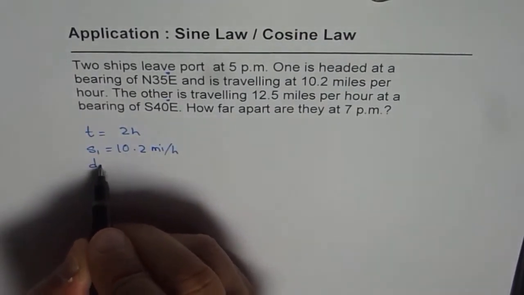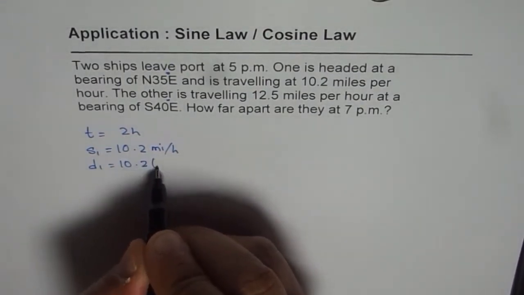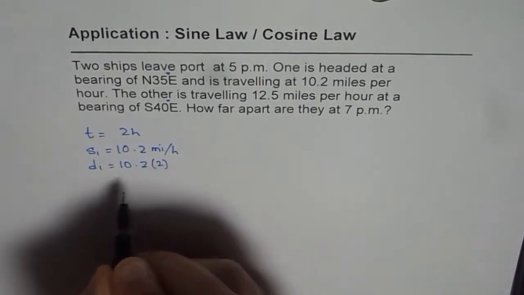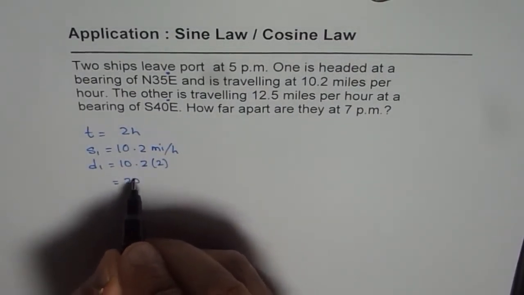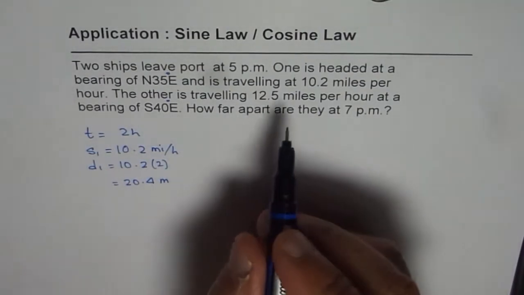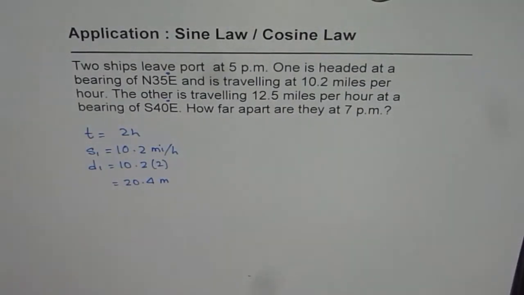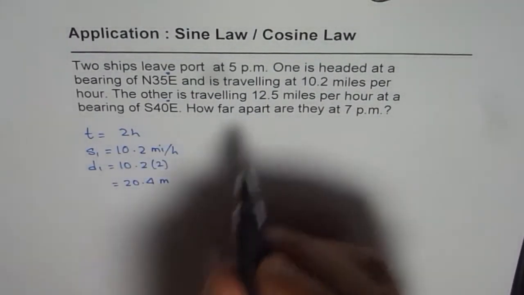So the distance traveled in 2 hours will be 10.2 times 2, right? That gives us a distance of 20.4 miles.